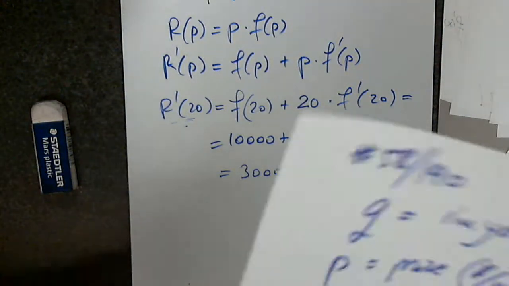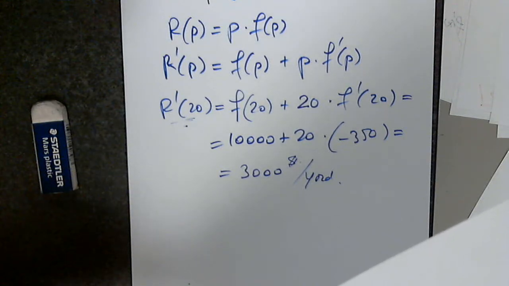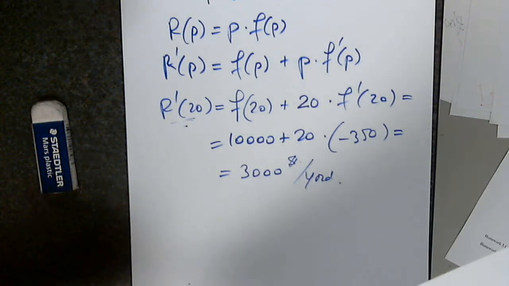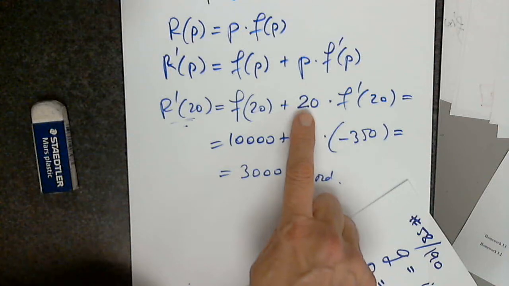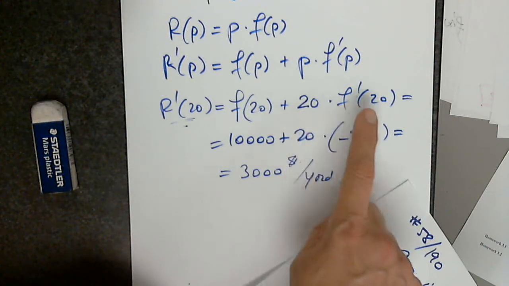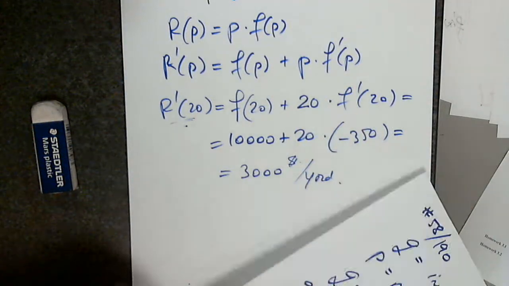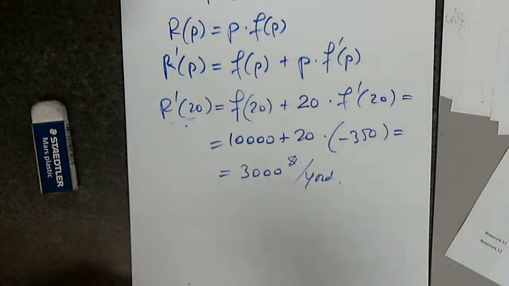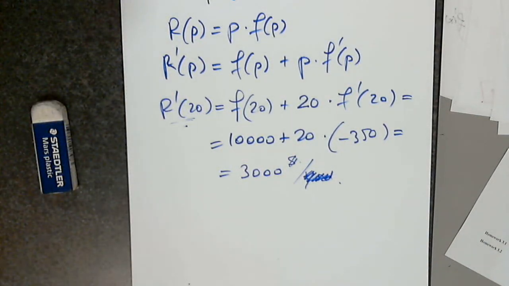So how do we interpret this? So the revenue, so this was in dollars per yard. The price is in dollars per yard, and F is in yards. So this is just dollars. The rate of change of revenue.